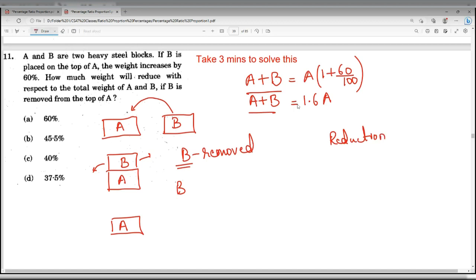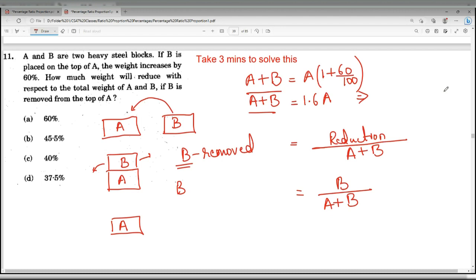And they are saying this reduction is with respect to the total weight of A and B if B is removed from the top of A. So the percentage weight reduction would be the reduction divided by the total weight of A and B, that is A plus B. So the reduction is B, so B divided by A plus B. We would substitute the value of B here.